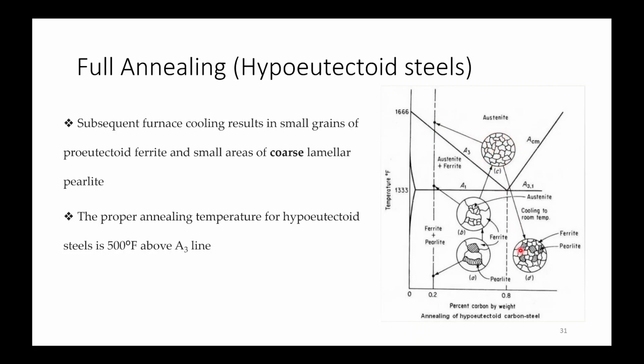So there will be formation of pearlite and ferrite grains. It results in small grains of pro-eutectoid ferrite and small areas of coarse lamellar pearlite. The proper annealing temperature for hypoeutectoid steel is 50 degrees Fahrenheit above the A3 line.